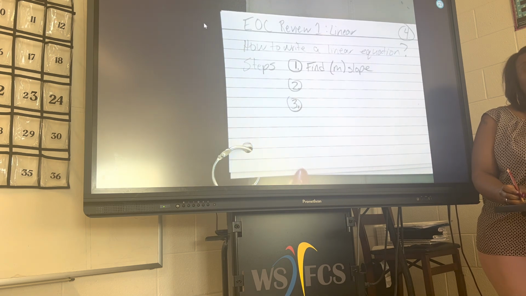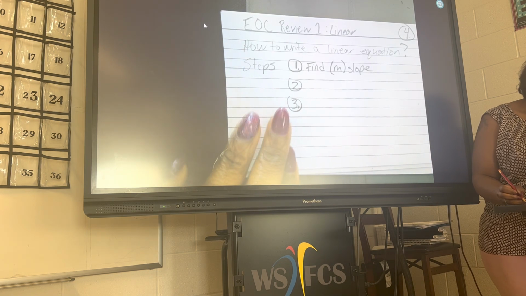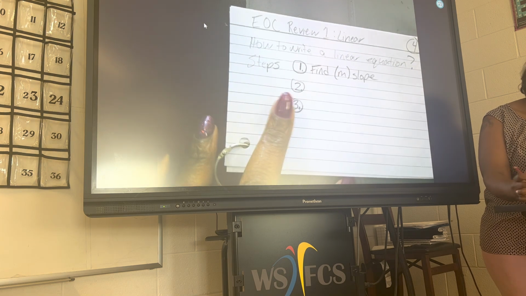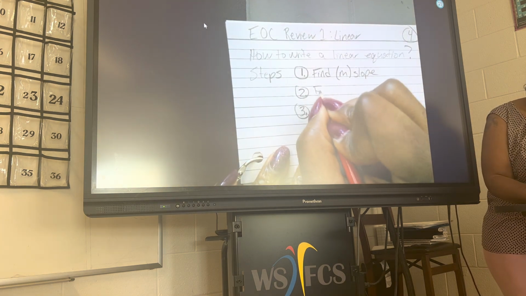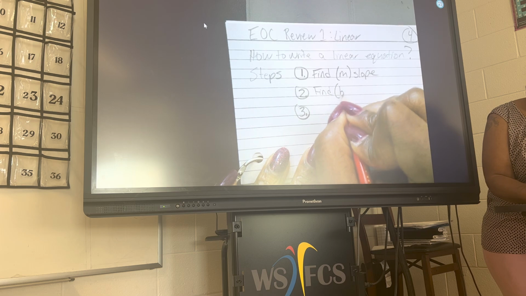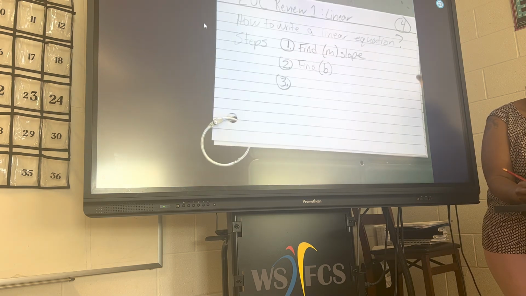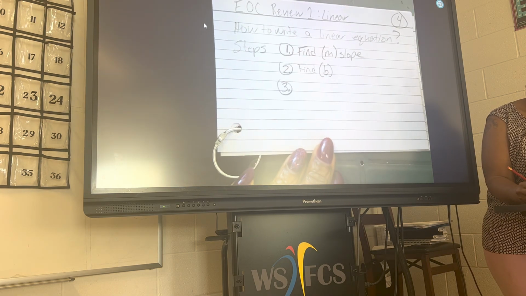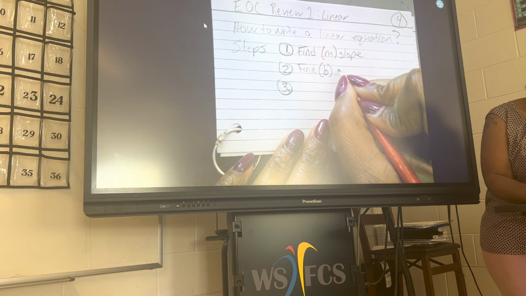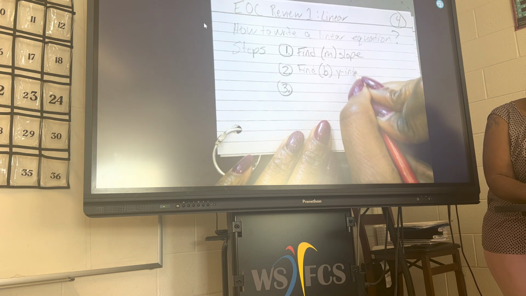Does anybody remember what the second step is? Find B. Very good. What does B stand for in a linear equation? Y-intercept, or where the line crosses the y-axis.